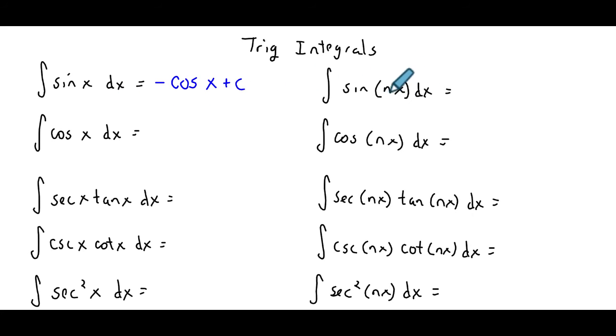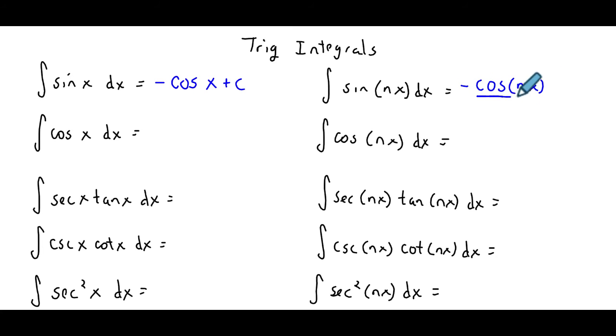Now, if I put a number inside the function, that's multiplying by the x, so sine of 3x or sine of 4x or sine of 20x, that integral follows a nice pattern. It's still the same rule. We have the negative cosine of what's inside our trig function, which is nx.